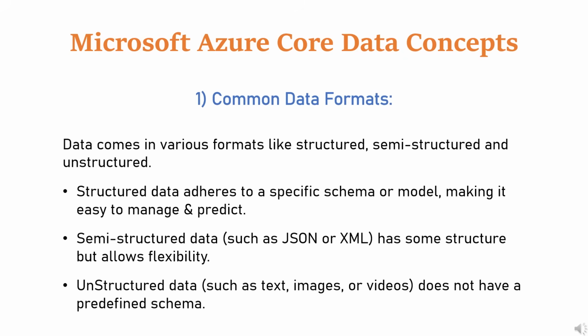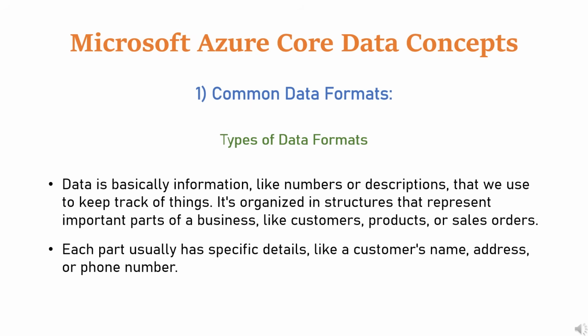Common data formats. Data comes in various formats like structured, semi structured, and unstructured. Structured data adheres to a specific schema or model, making it easy to manage and predict. Semi structured data has some structure but allows flexibility. Unstructured data does not have a predefined schema. Types of data formats.